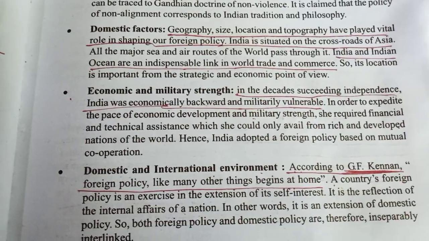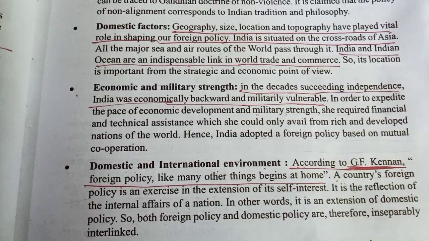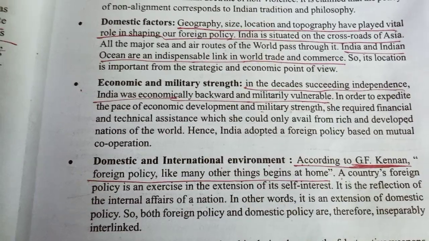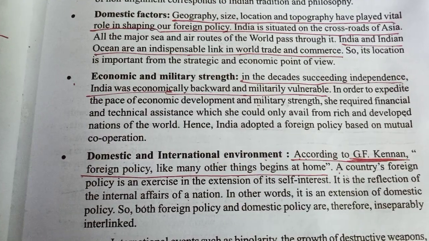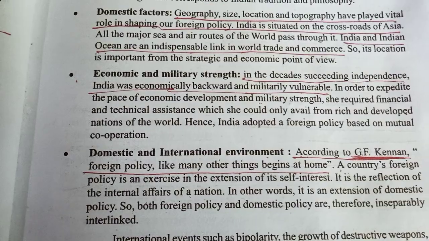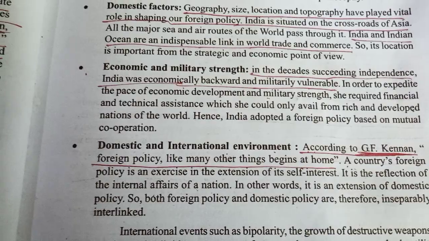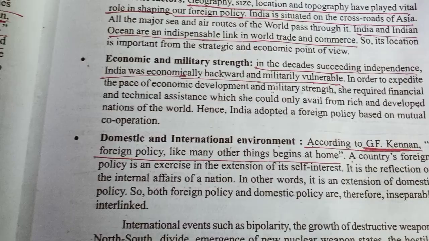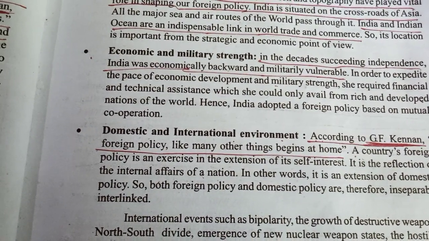After independence from the British, India was economically very backward because all the wealth was stolen by the British, and military strength was also vulnerable because the arms we had were the arms of the British, and when they went, they took the arms, the tanks, whatever weapons, they took them all, and we were militarily vulnerable.